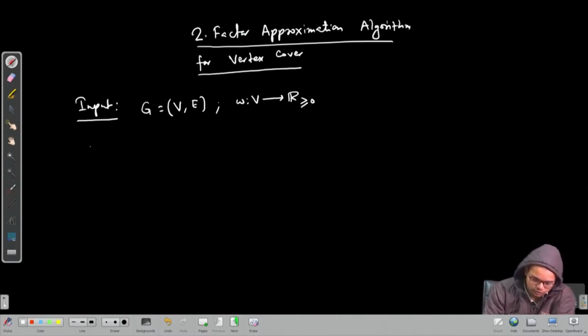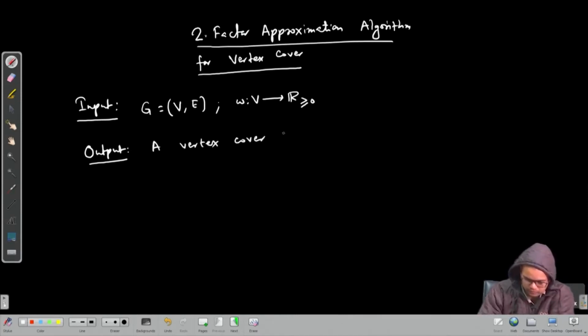And what is the output? A vertex cover of minimum total weight.